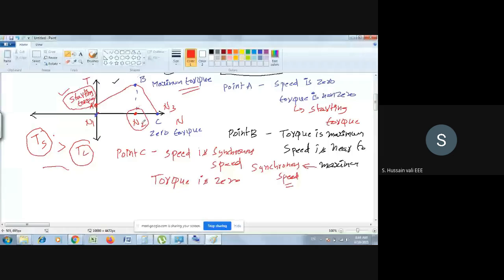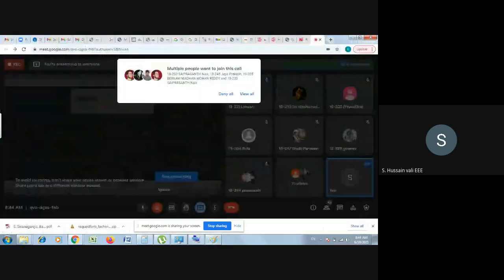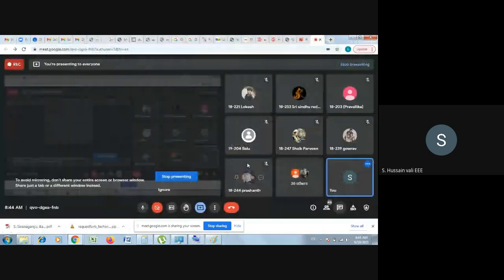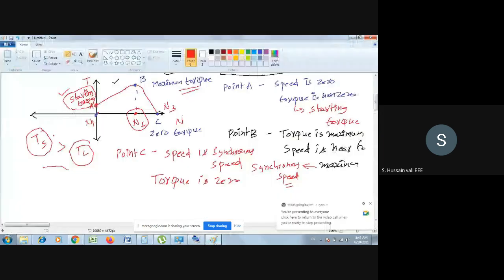Heavy loads are like grinders, cranes, and other heavy loads in manufacturing units or factories.